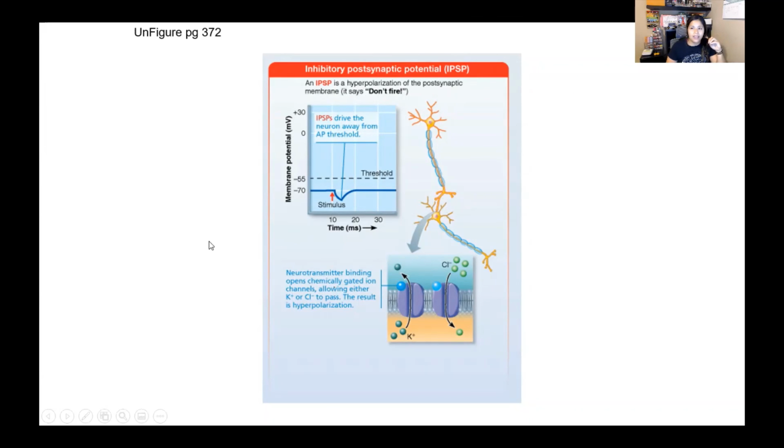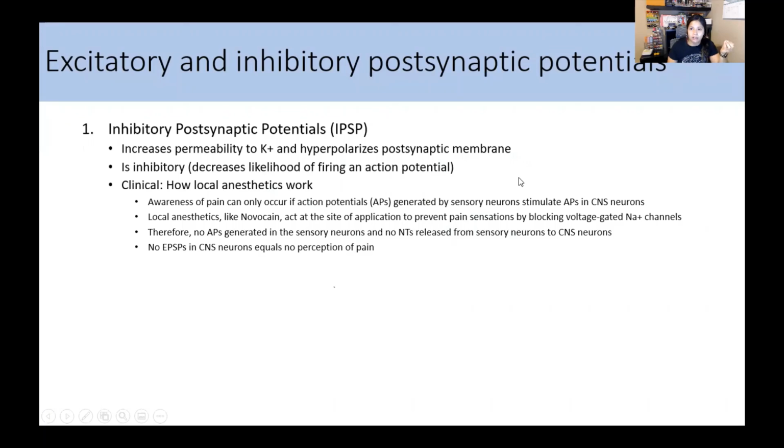And that is actually good in cases like local anesthetics, because if we want to stop us from being aware of the pain, we have to stop the action potential from being sent that gives us that perception of pain. So if we never have that action potential being sent to our brain to tell us to feel that pain, then we're not going to feel it. And the dentist can keep drilling away and doing whatever, and we won't feel that actual pain. Okay, so no EPSPs in the central nervous system neurons equals no perception of pain. So no action potential, no pain.